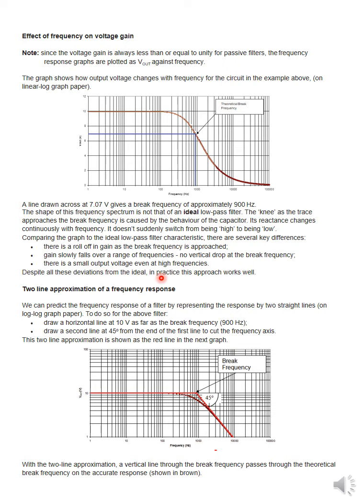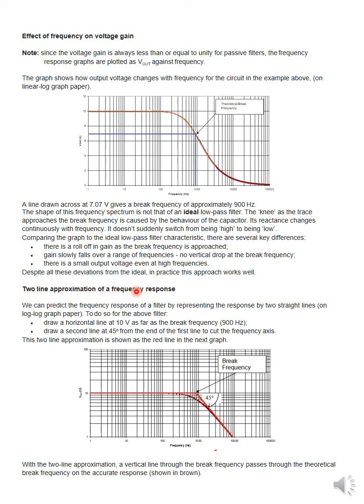There is a small output voltage even at high frequencies. You can see that there is an output voltage at high frequencies. However, ideally there should be zero. Despite all these deviations from the ideal, in practice this approach works very well. Sometimes we use 2 stages or 3 stages of filter and we get what we want from it.